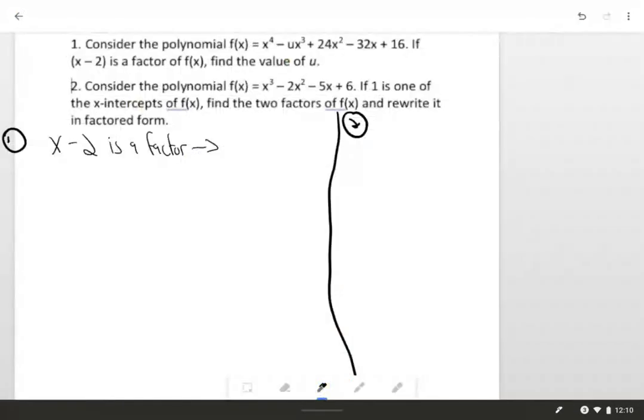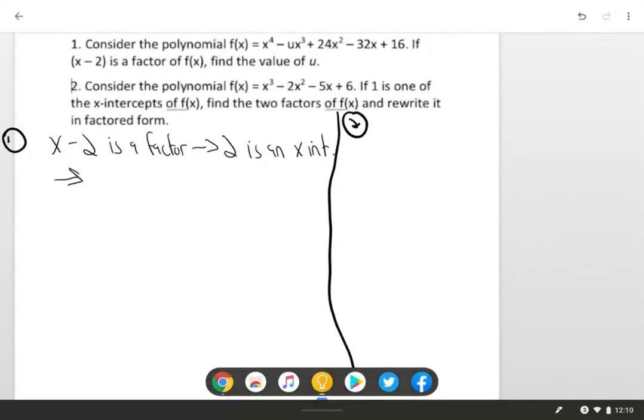So we know from the past that if x minus 2 is a factor, then 2 is an x-intercept. Okay? We know that 2 is an x-intercept.